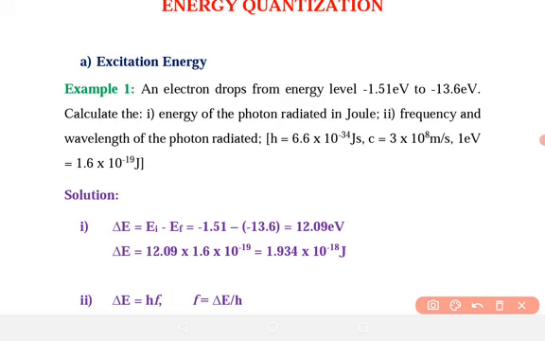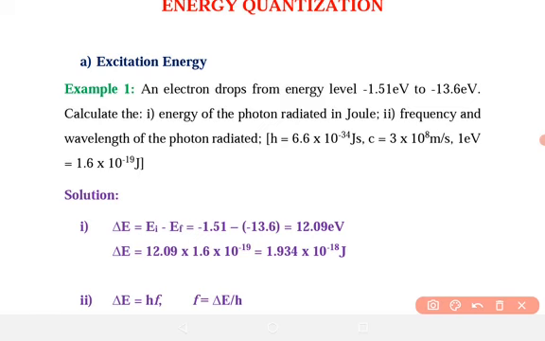From this we can see that the electron drops from this energy level to this energy level. You will agree with me that this energy is higher than this. That is, the electron is coming from a higher energy level to a lower energy level, and during this, definitely energy will be emitted in form of light, which is photon energy.